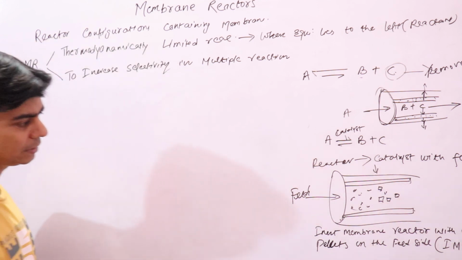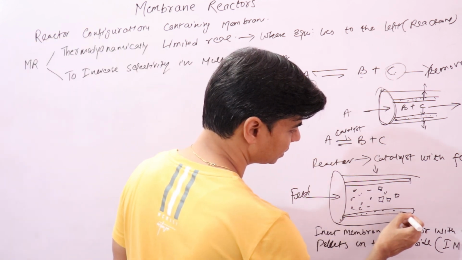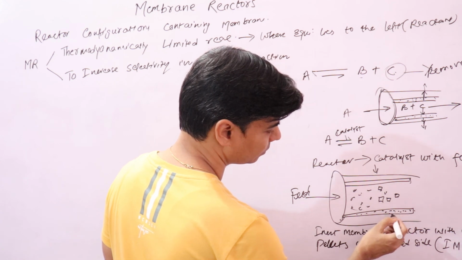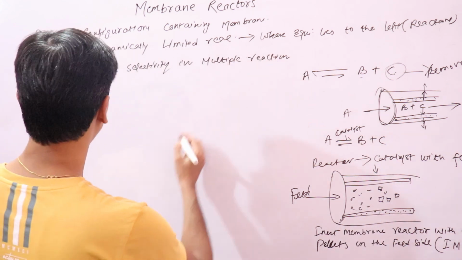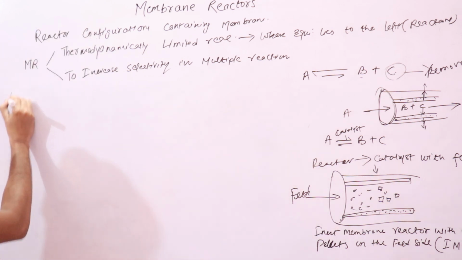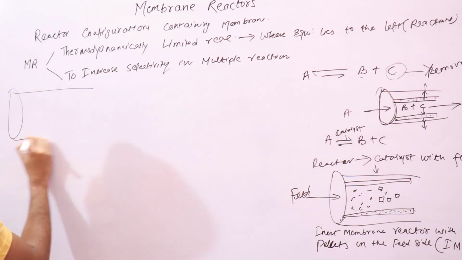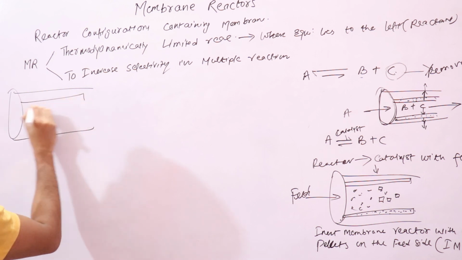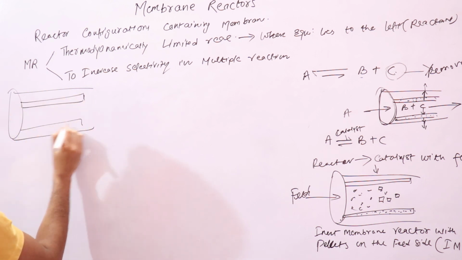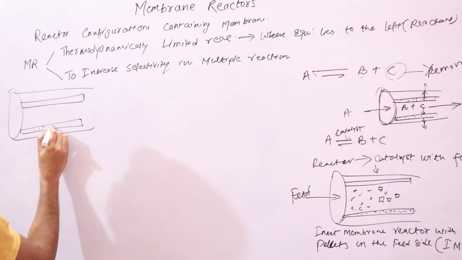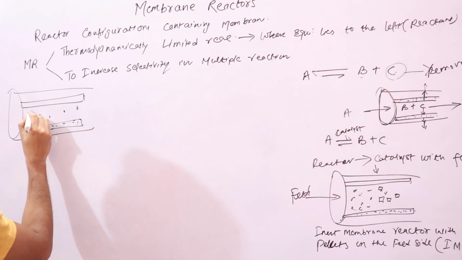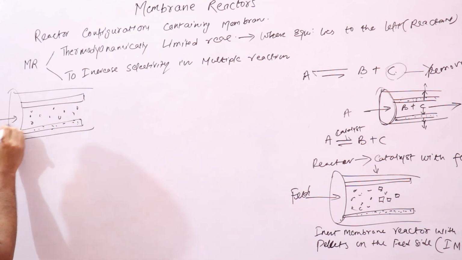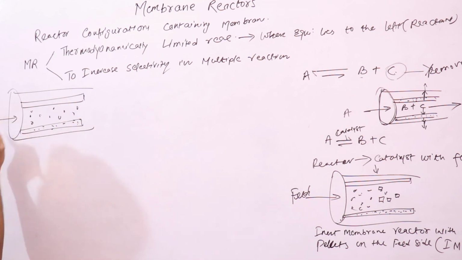Second type of reactor, and this is your membrane, remember, this is your membrane, right? Now the second type of reactor is where the catalyst is deposited on the membrane, right? You have reactants here, feed, right?